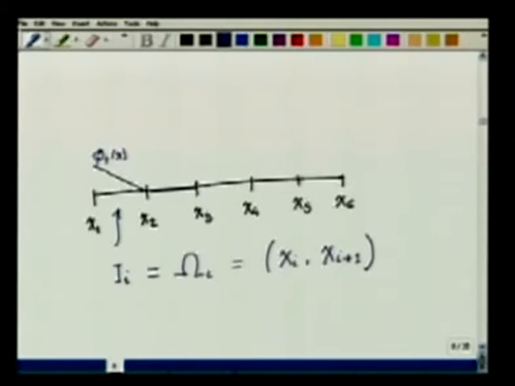Next, we are going to introduce the next function, phi2. So phi2 will be 1 at the point x2, and 0 at the point x1 and all other points. So this is how we define phi2.